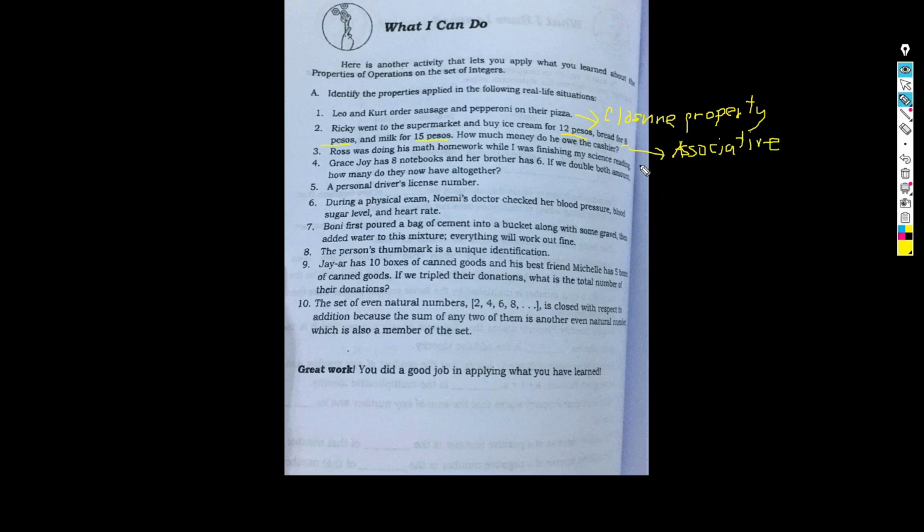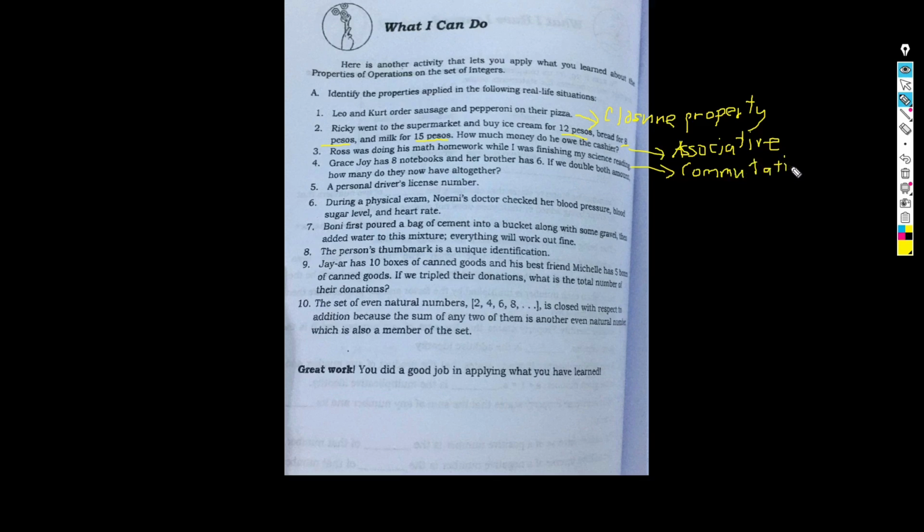Next, number 3. Ross was doing his math homework while I was finishing my science reading. You can just say, I was finishing my science reading while Ross was doing his math homework. So you just change the order of the words. That is the commutative property.